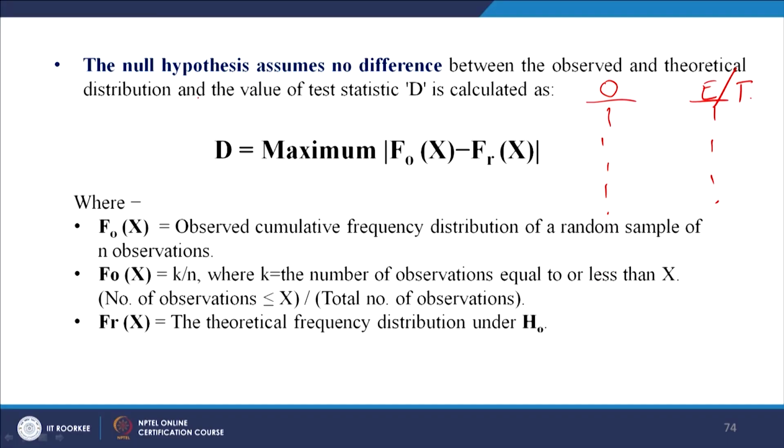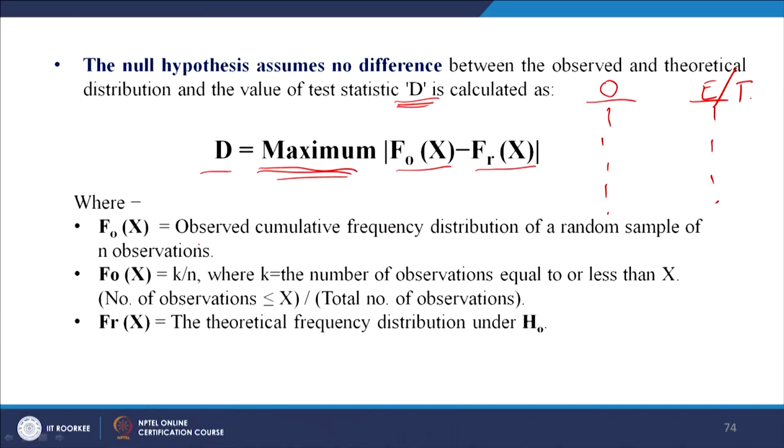What we calculate is the test statistic, given as D. D is the maximum value of the difference when you subtract the theoretical frequency distribution from the observed frequency distribution. F0(x) is the observed cumulative frequency distribution of a random sample of n observations.